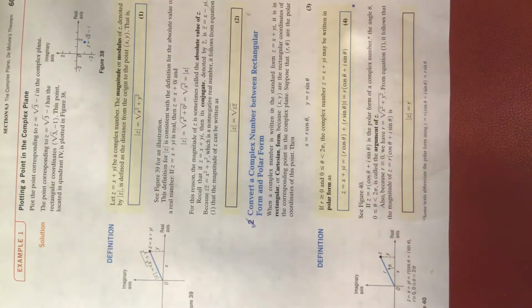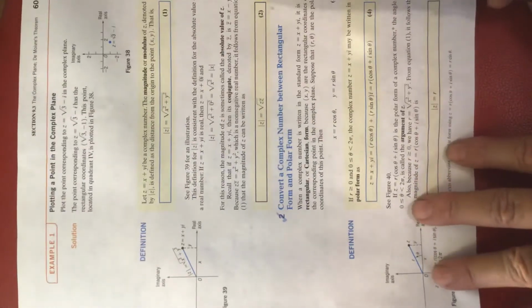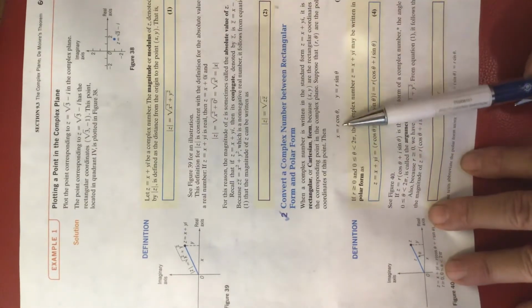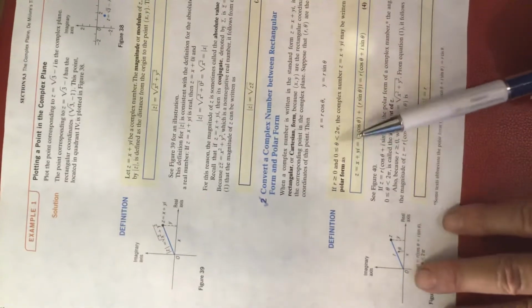So we can convert complex numbers, a plus bi, into polar form, by looking at x being r cosine theta, y being r sine theta.